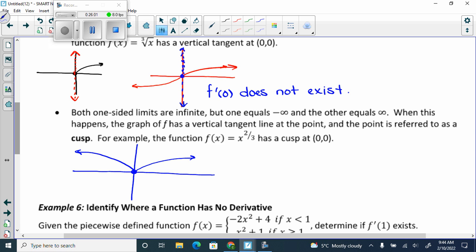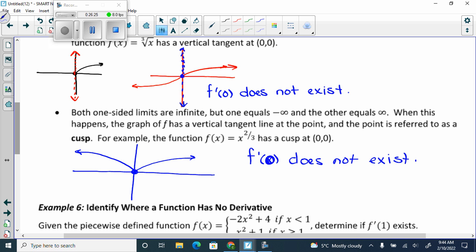So this here, once again, is a point, just like the absolute value graph had a point. They call it a cusp. So f prime of 0, I meant to say, does not exist.